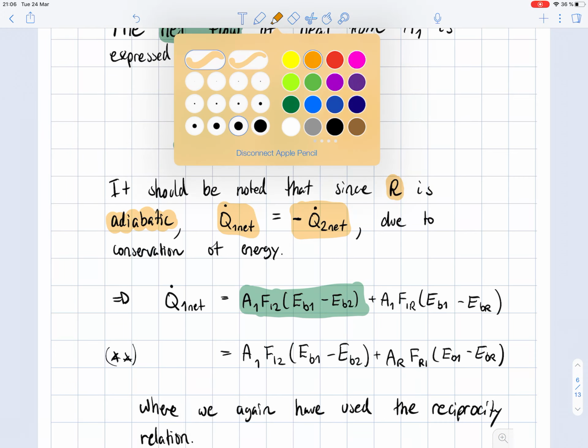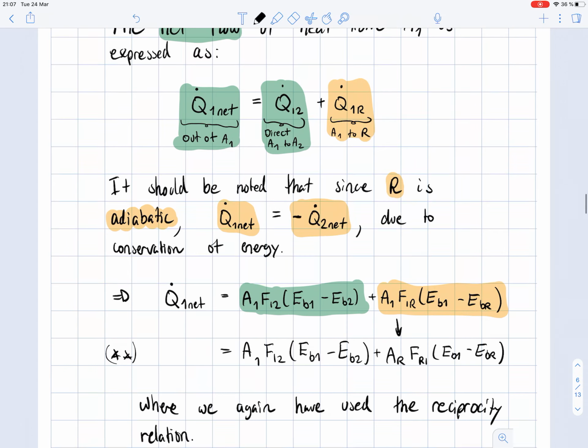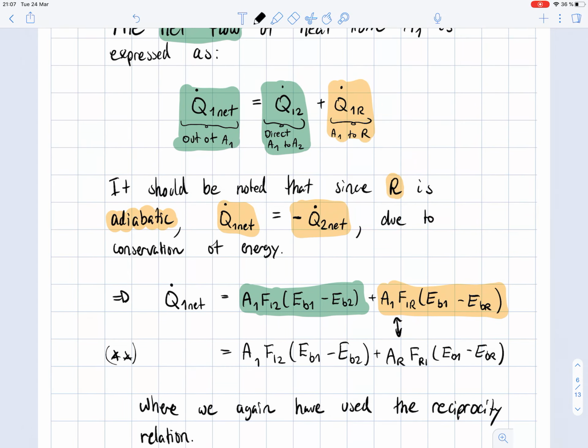And we have already calculated Q1R. Then, in the extension to this one, we have just used the reciprocal relation in order to rewrite this particular term. We will reuse this equation later, so we call it double star.